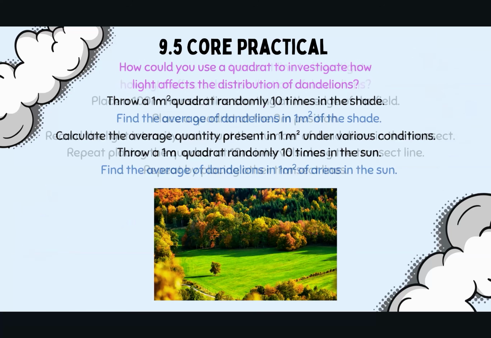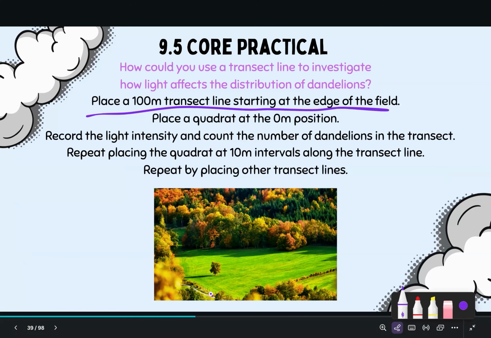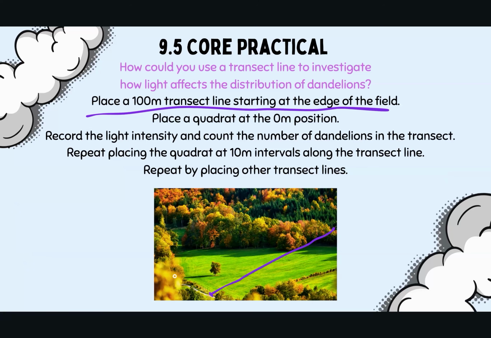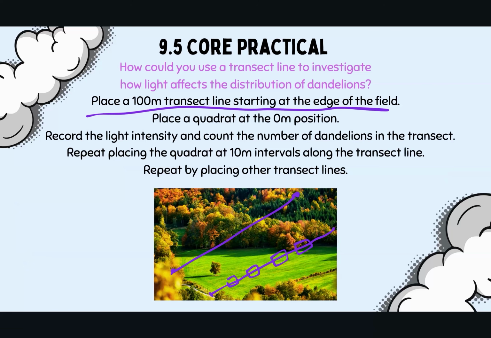Now, the other thing you can do is use a transect. So you place a 100-meter transect line starting at the edge of the field. So you might start from here and have this piece of rope or string run for 100 meters. For example, if you started it here, it would run through the woodland as well. And then every 10 meters, you put down your quadrat and you count. If we're using the dandelion example, you would again look at the dandelions. And using the transect line helps investigate how light affects the distribution.